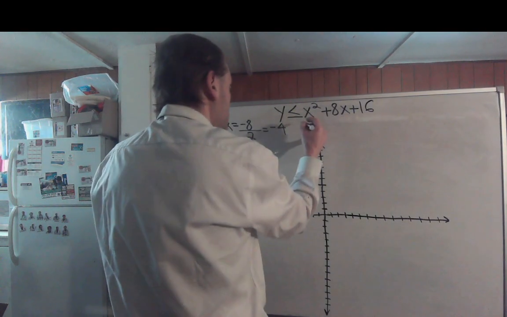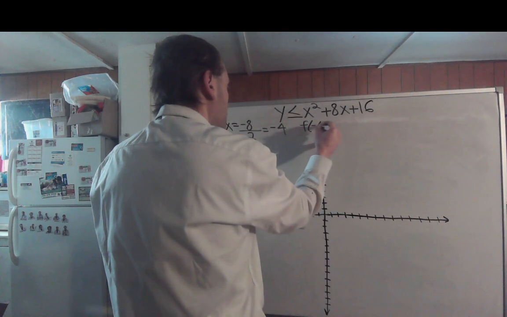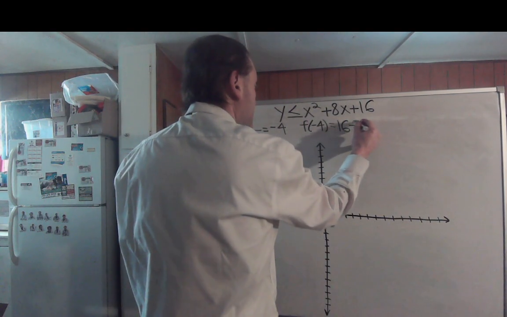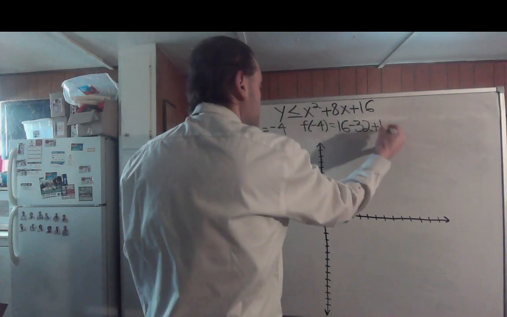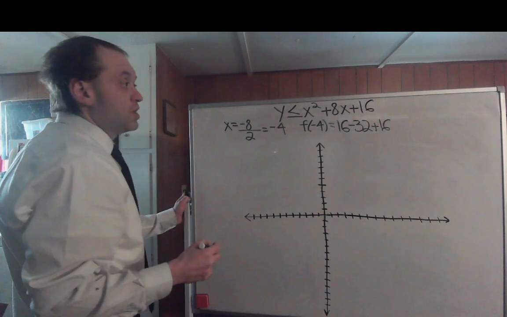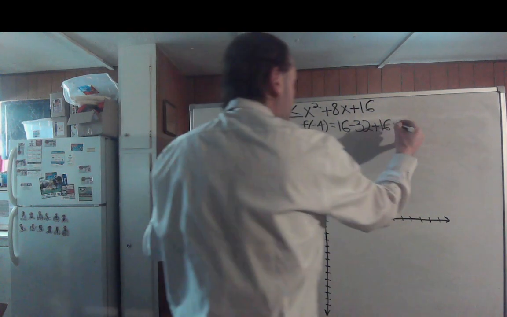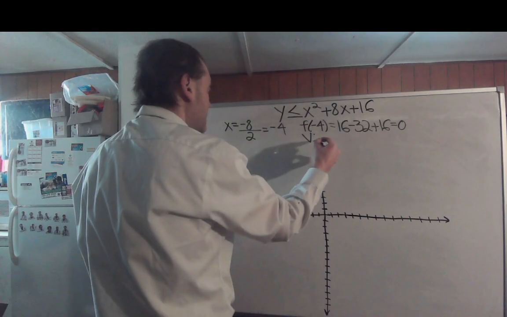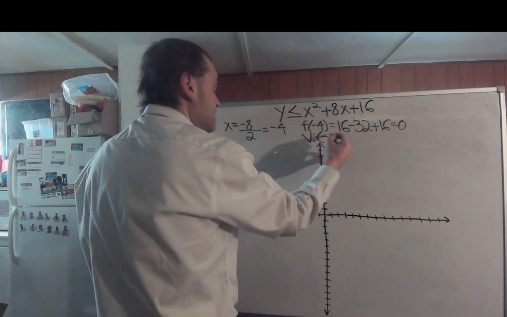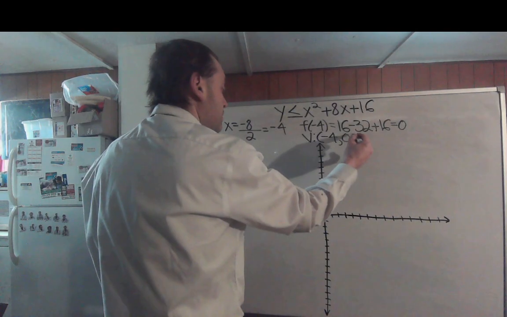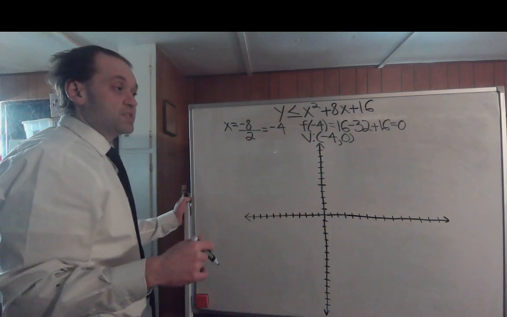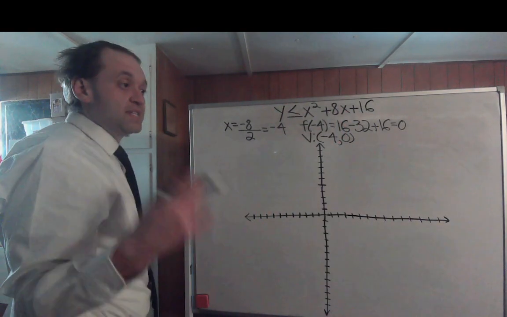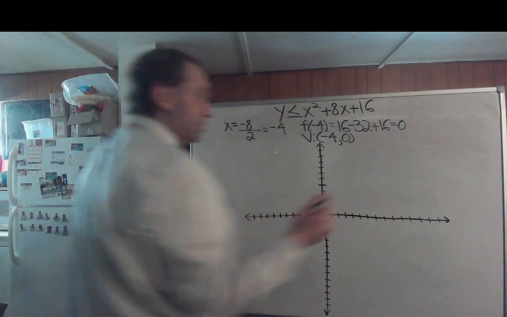Now, if we take f of negative 4, that of course would end up giving us 16 minus 32 plus 16. Well, what do you know? You would get 0. So your vertex is going to occur at the coordinate negative 4, 0. Now what about your x-intercepts? Isn't x squared plus 8x plus 16 a perfect square trinomial?